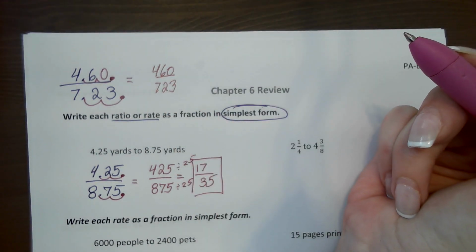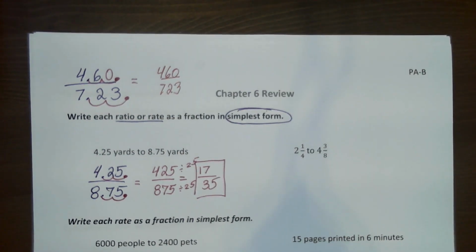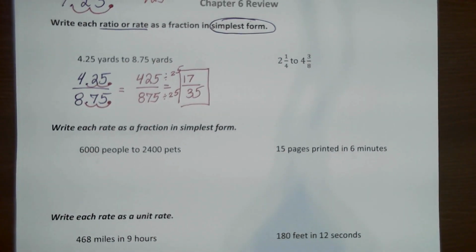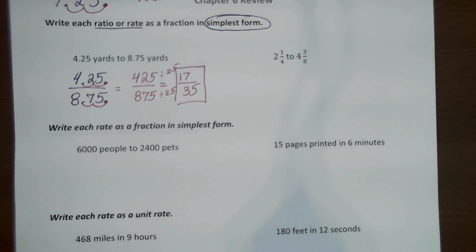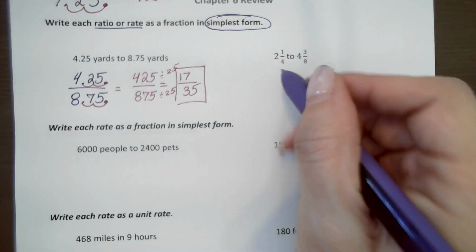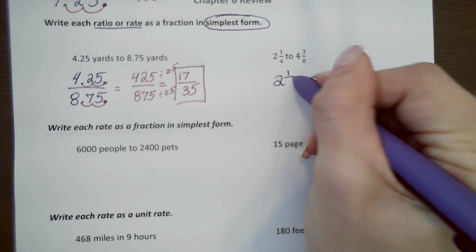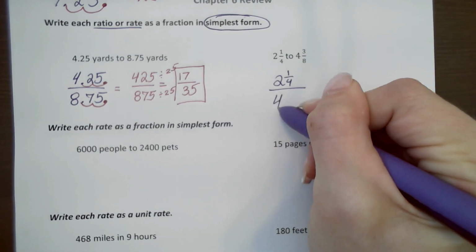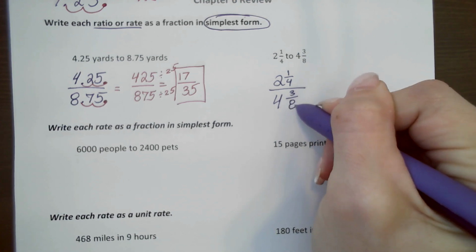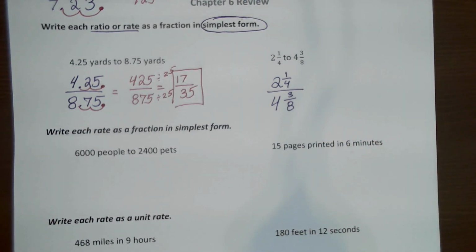Okay, so let's move on to a ratio with mixed numbers and fractions within it. The first thing I'm going to do is set up my ratio. So 2 1/4 to 4 3/8. So I'll put 2 1/4 on the top and 4 3/8 down below. But I can't leave it like this because right now I've got a fraction within a ratio.